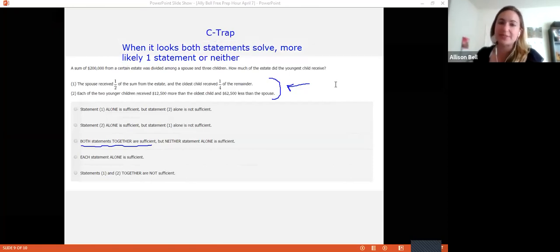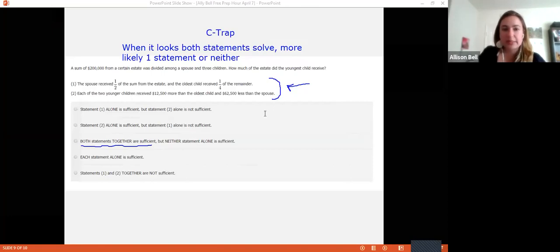But it's almost like the least likely answer to be C if it looks like it's going to be C. So when it looks like it's going to be C, as on any other data sufficiency problem, you really want to slow down and take your time.